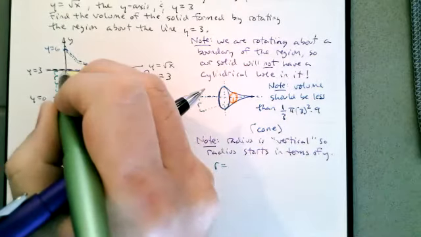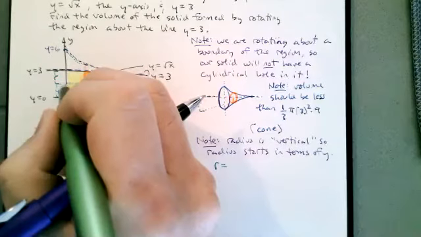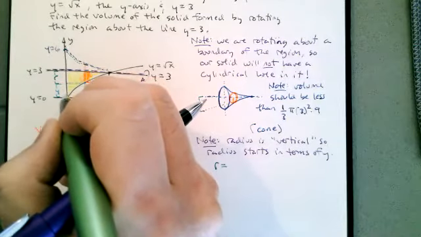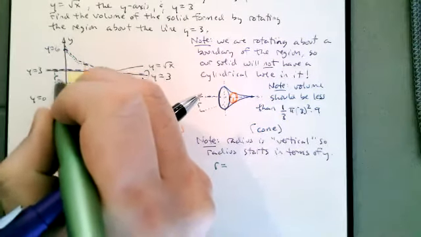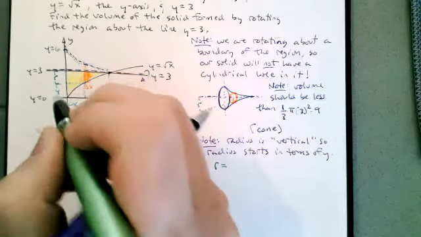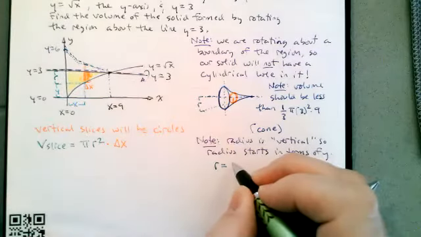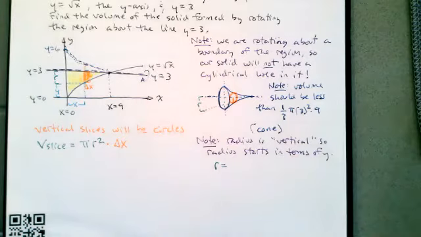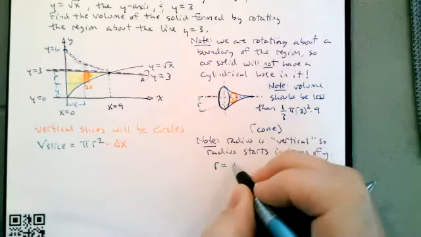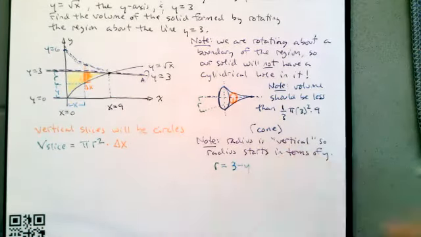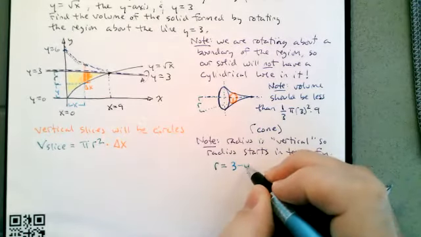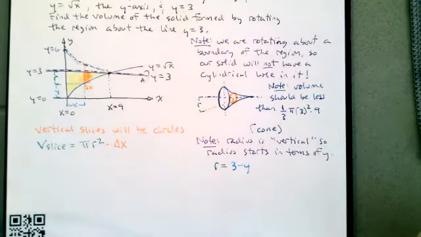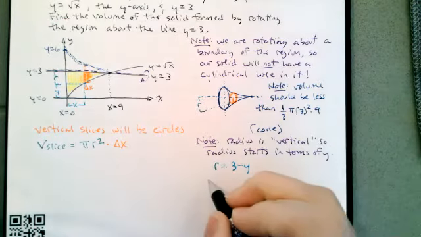Since the radius is this piece from 3 to the function, and from the function down to the x-axis is y, the radius is 3, the total, minus y, the piece. So the radius is 3 minus y. But we need a function of x. So we use the function y equals x squared to write the radius in terms of x.